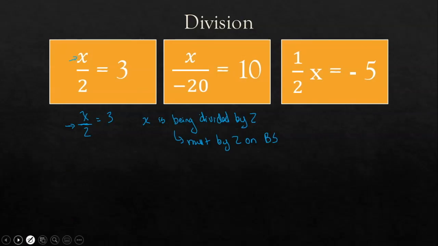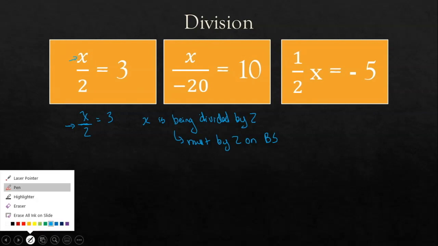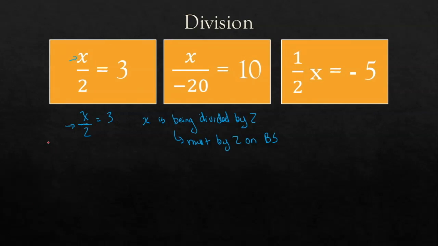So this one gets a little bit, not tricky, it's certainly not tricky, but I'm just going to write it out like this, just in a different color. So we're multiplying both sides by 2. This looks a little bit messy sometimes because we have this fraction, this x over 2.